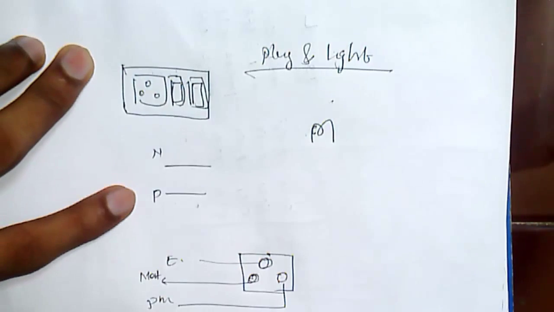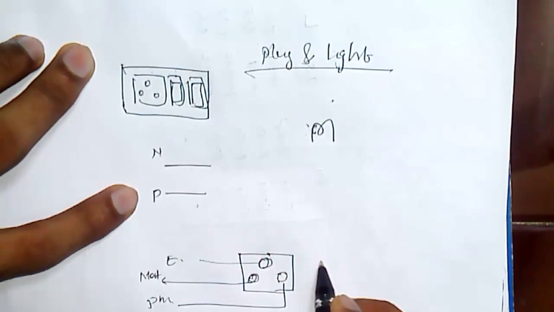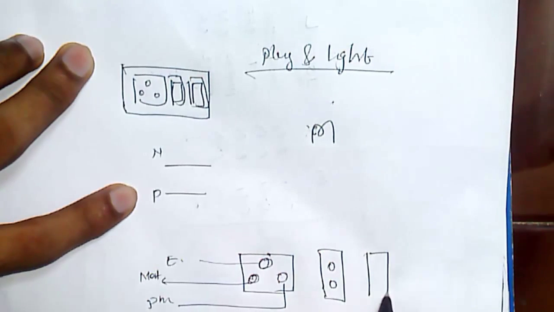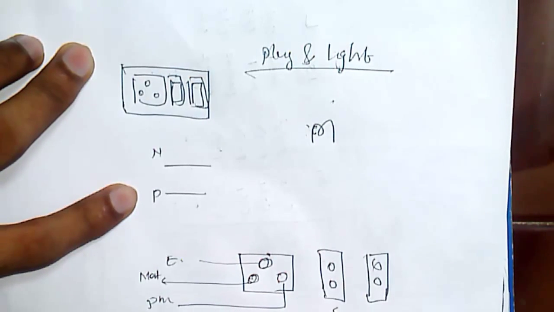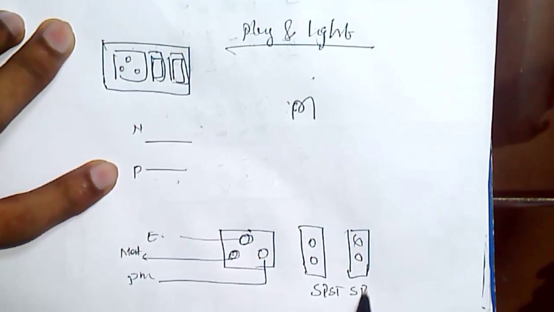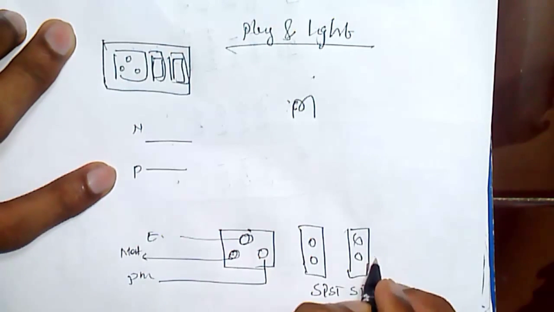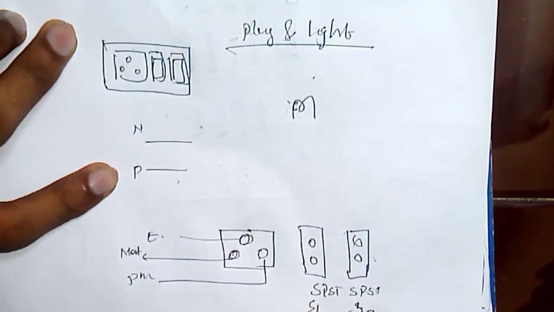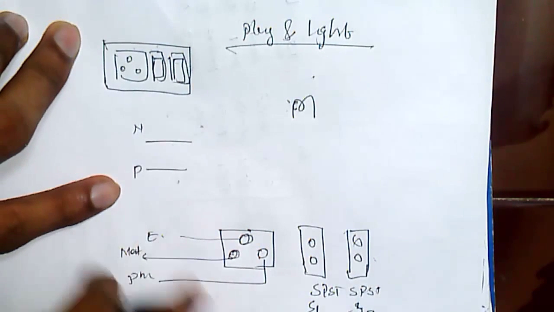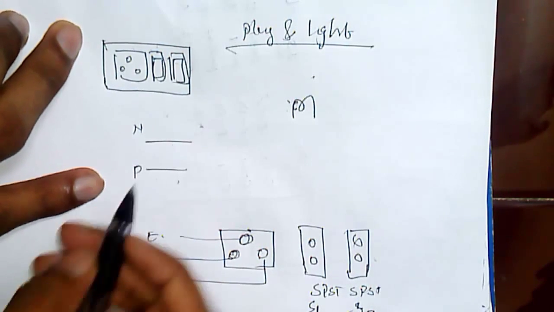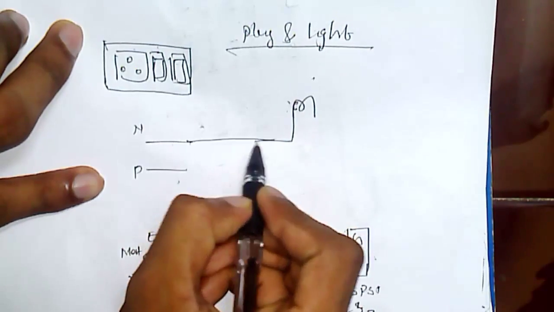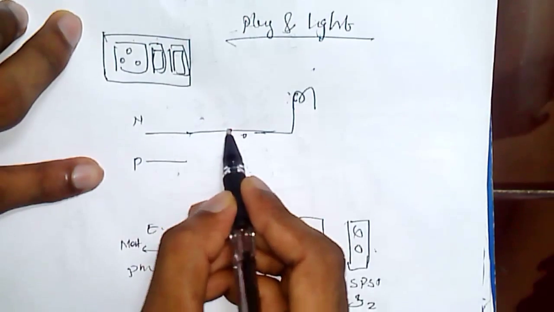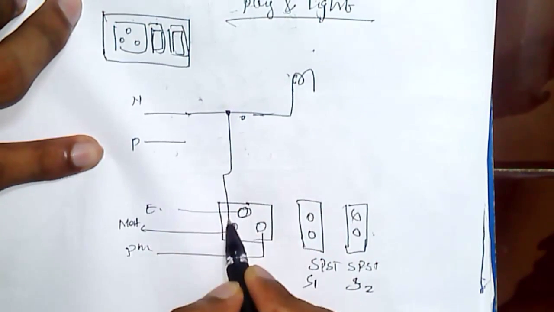Okay, so we have this lamp, and we have switches here. A single pole single throw switch, SPST, is used. S2 is used for light controlling, and S1 is used for plug controlling. So the neutral is joined to the lamp, and the neutral is also connected to the plug neutral.